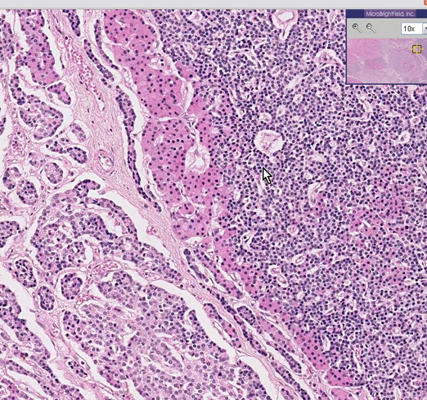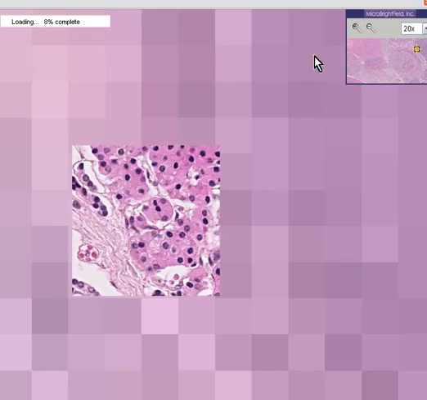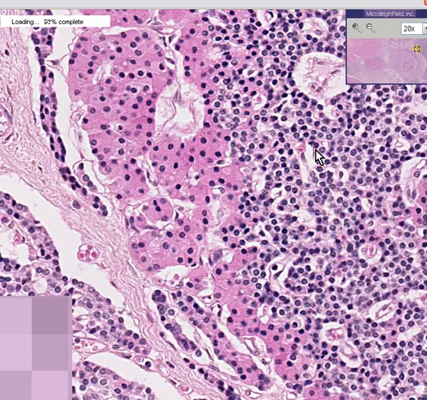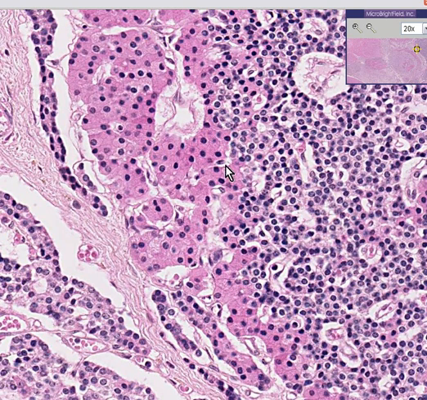But if you see the parathyroid is enlarged and both cell types are present, both the chief cells here as well as the oxyphil cells here, this is more likely due to a secondary or tertiary type of hyperparathyroidism.